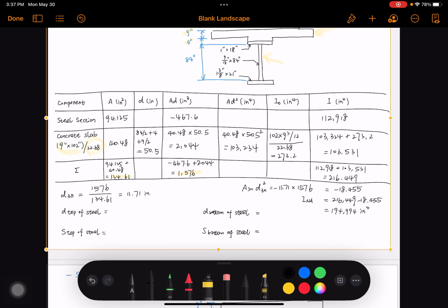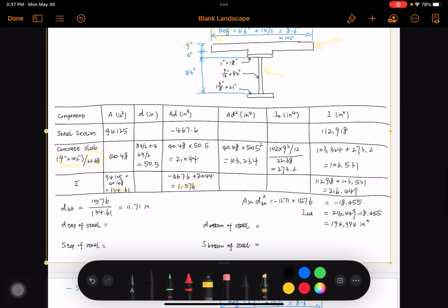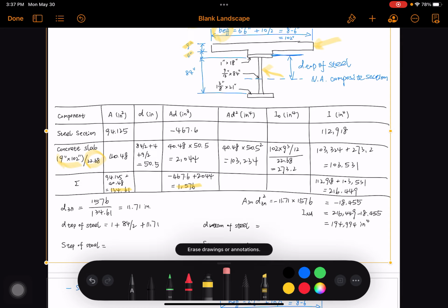So the distance between the top of steel and the neutral axis of the composite section is calculated as 1 inch plus 84 divided by 2 plus 11.71, which gives 31.29.